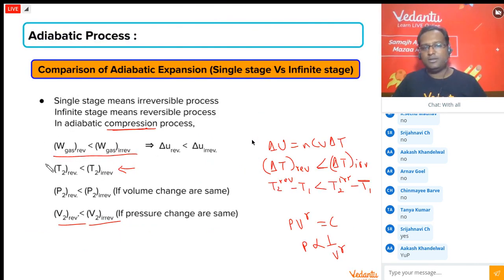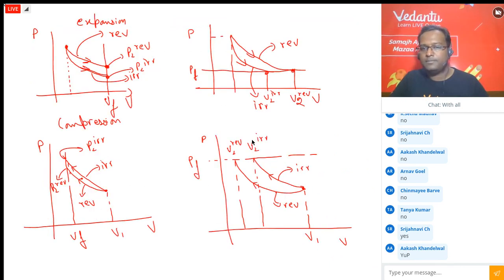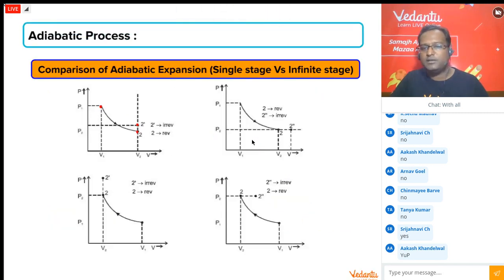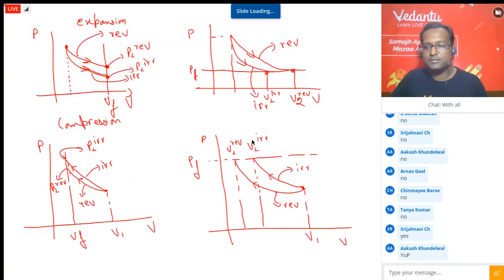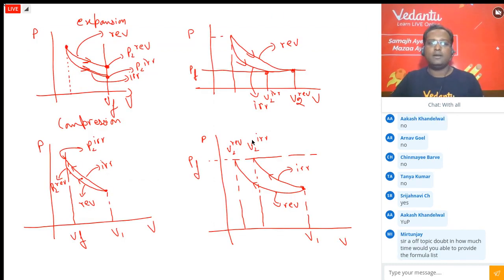How? From this logic. The relationship with temperature holds true for pressure and volume both. The same thing they have expressed here, but sadly they took only one of them. They did not compare. We drew comparison charts. Is it understood?